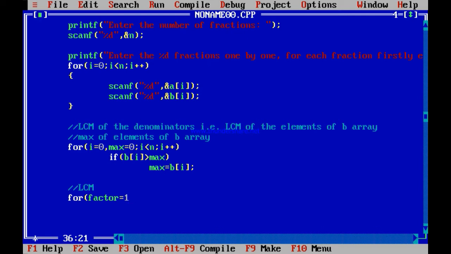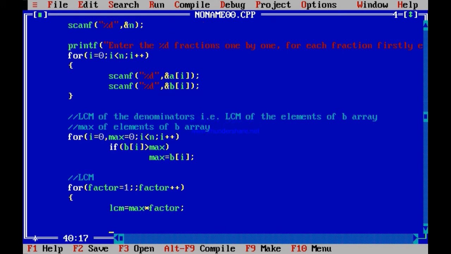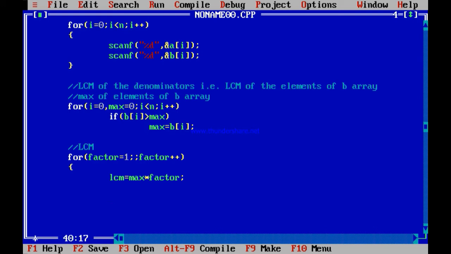I will keep on multiplying the maximum element by different factors starting from 1, and every time I will consider that as the LCM, a variable called LCM equal to max into factor. Firstly max into 1, I will check whether this is the LCM.